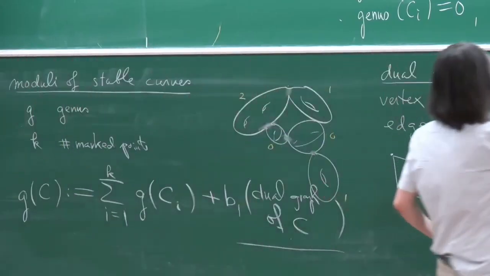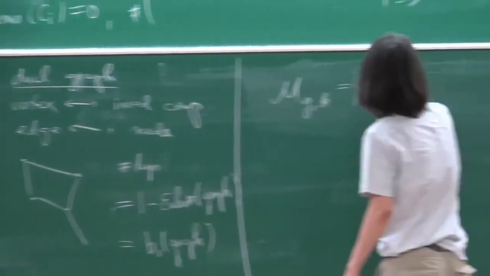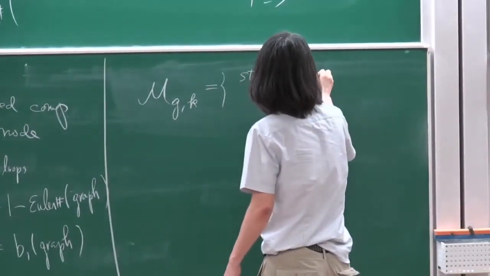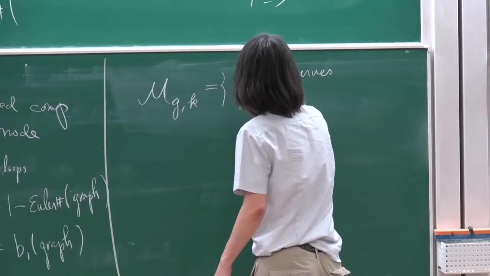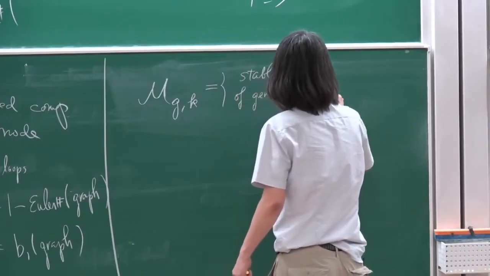Okay. So now we just collect all of them, and this one is written as M_{g,k}. This is the moduli space of stable curves of genus g, and the number of marked points is equal to k.